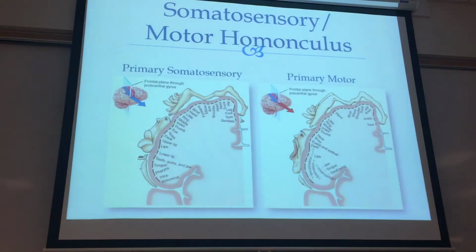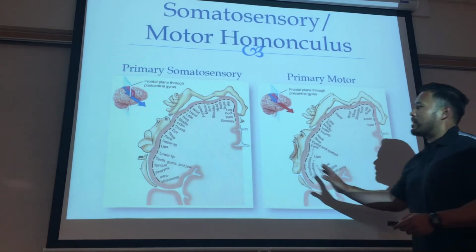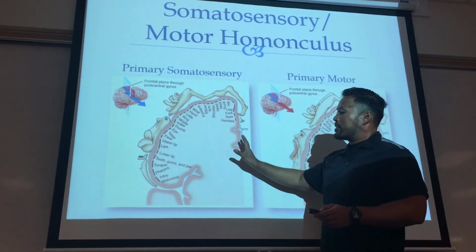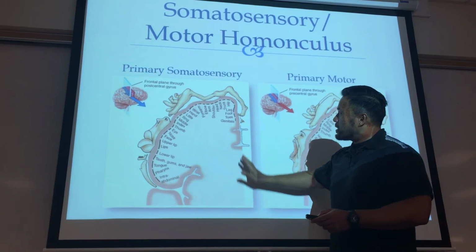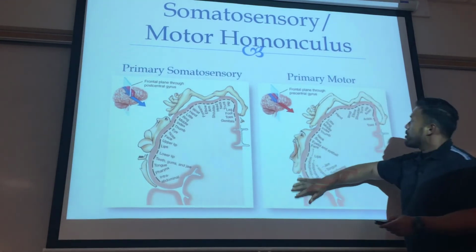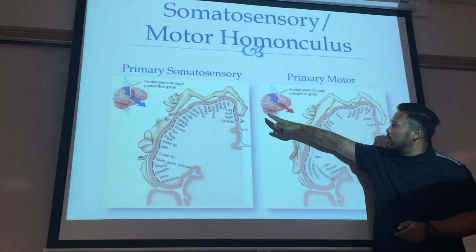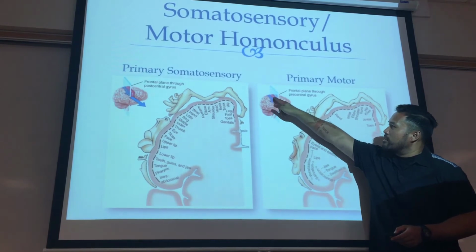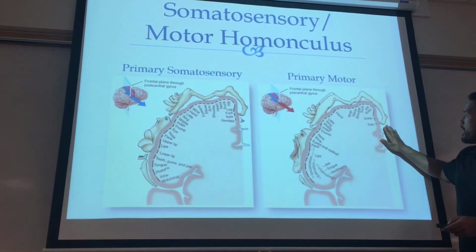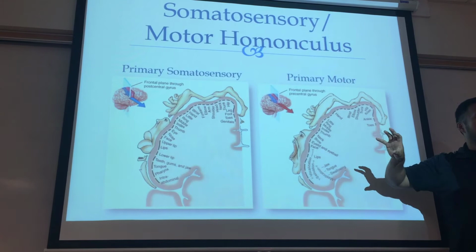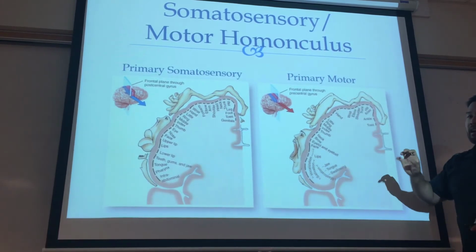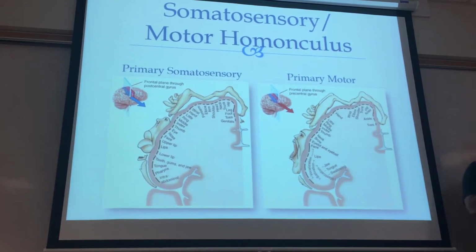So when we looked at the somatosensory motor homunculus, this was what I was talking about at the tail end of Tuesday's lecture, is that certain areas, when we look at the primary motor cortex, here you can see that split with the central sulcus, right at the front is the primary motor cortex, specifically for motor, areas that require fine motor control.